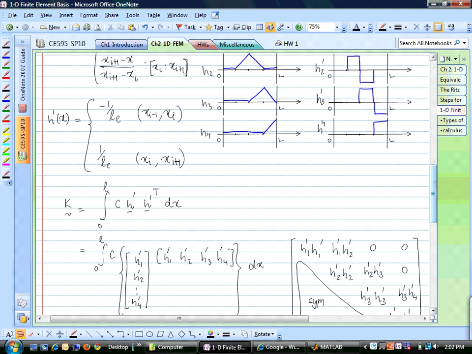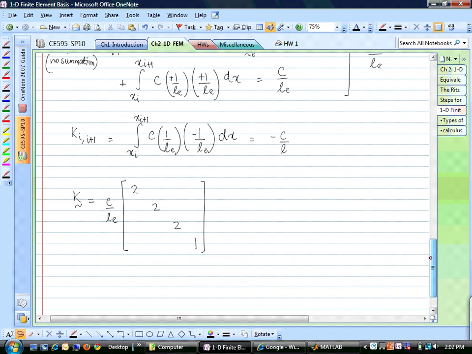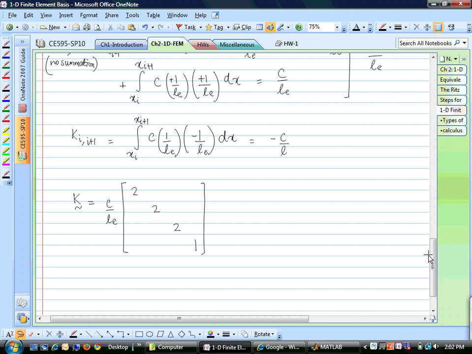This is a lot of algebra that I'm trying to show you all, but try to follow and just try to get an idea of where this all is going. So in the off-diagonal terms, since we have taken out C over LE common, we will have -1, -1, -1, -1, and the rest are all 0.